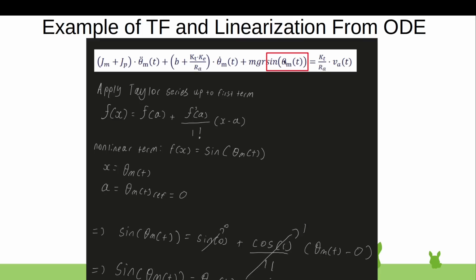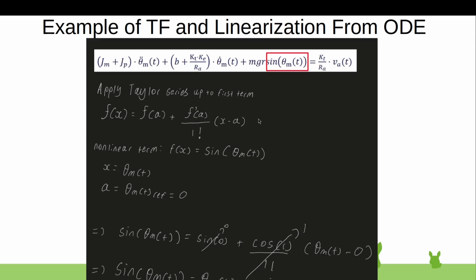And what do we have here in the red box, which you probably first saw on the slide? That's basically just the nonlinear term, right? Since we want to use linear control techniques, and we have a certain operating range in mind, we do the Taylor series up to the first term.